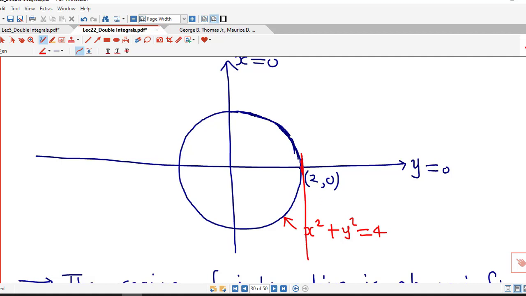The line x equal to 2 passes through this point and is parallel to the y axis, so we extend it in the vertical direction. It will intersect the circle at only one point. This is the origin.